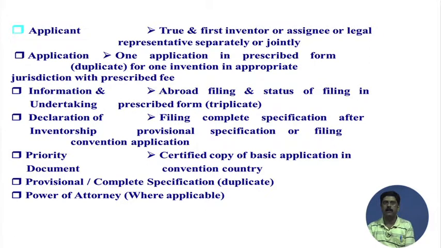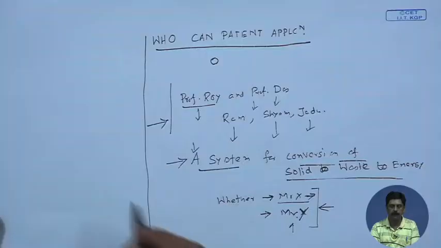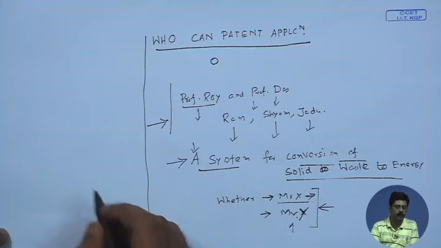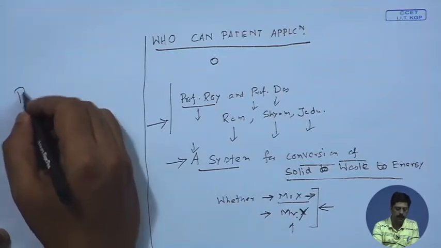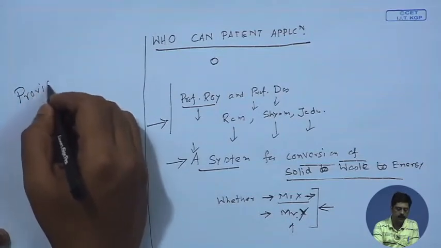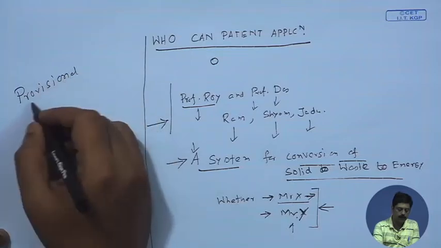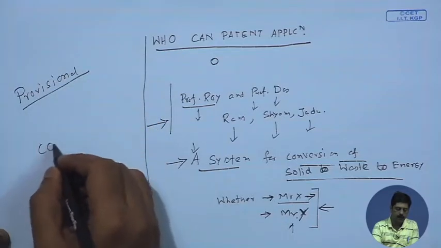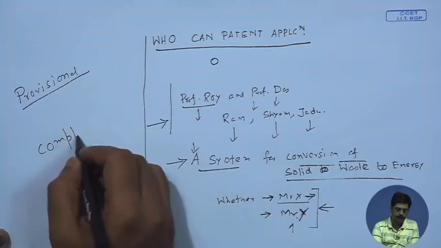So I already mentioned who can file the patent application and where to file it. If your invention is not complete, you can still file, and there you can use the two routes, provisional and complete.